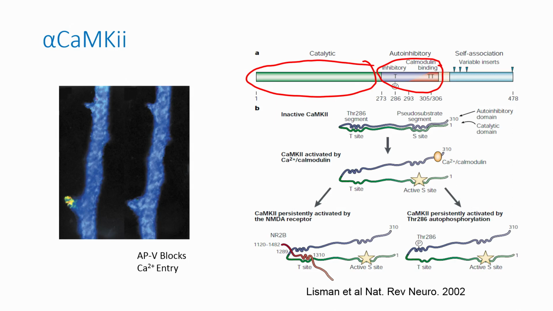What is that? Normally they exist in a closed state. When they exist in this closed state, the active site, the site used by the enzyme to phosphorylate or carry out its activity, is not accessible to other molecules. As a result, you can think of the enzyme as existing in an inactive state.